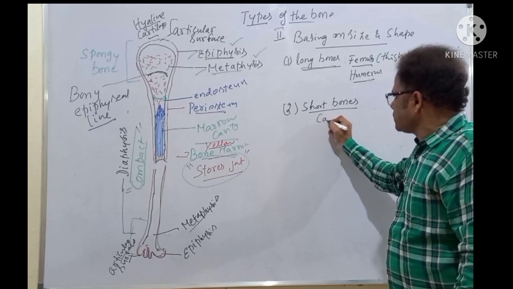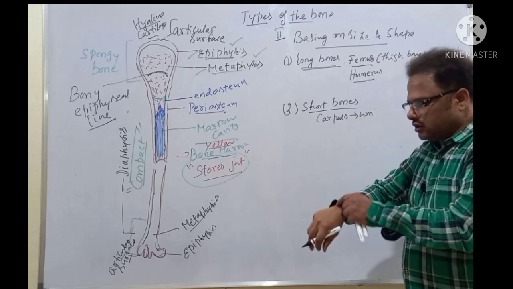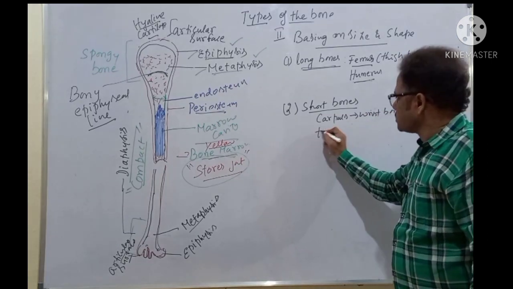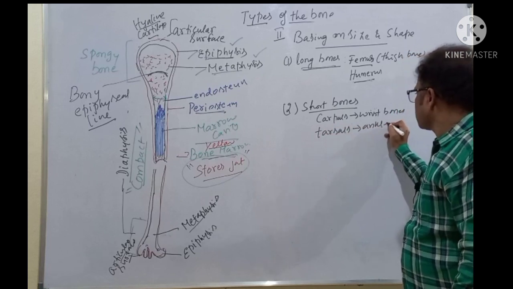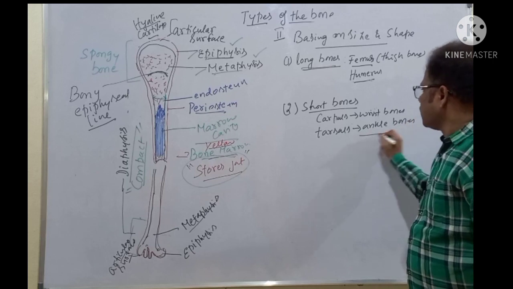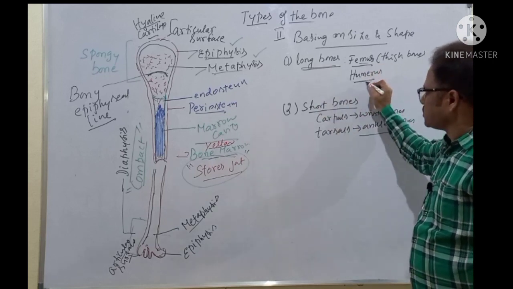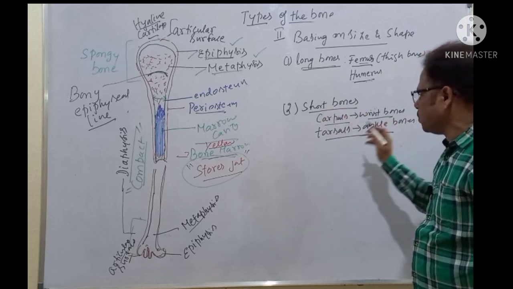For example, carpals, the wrist bones, and tarsals, the ankle bones. Examples of long bones are the femur, humerus, etc. Short bones: carpals, wrist bones; tarsals, ankle bones.